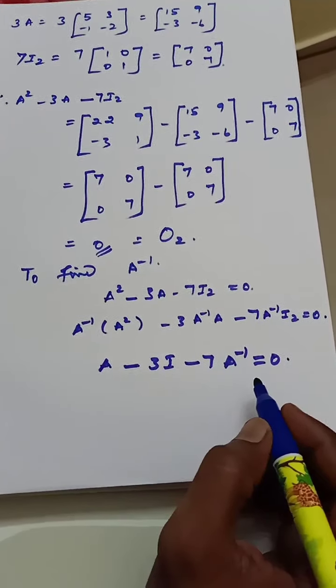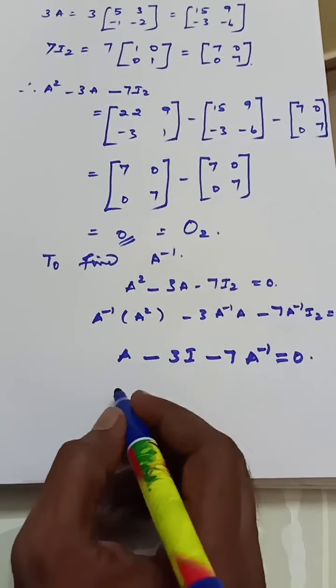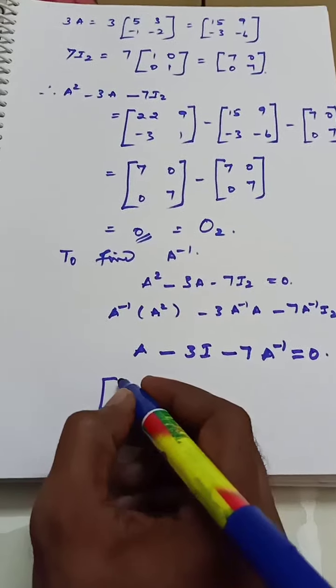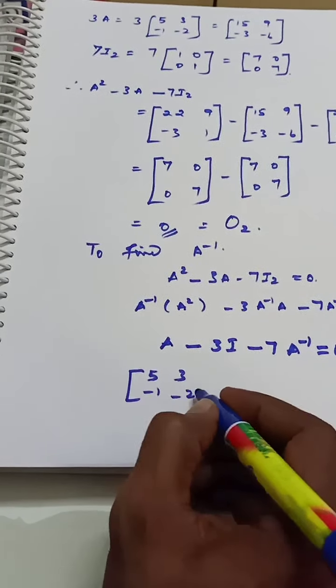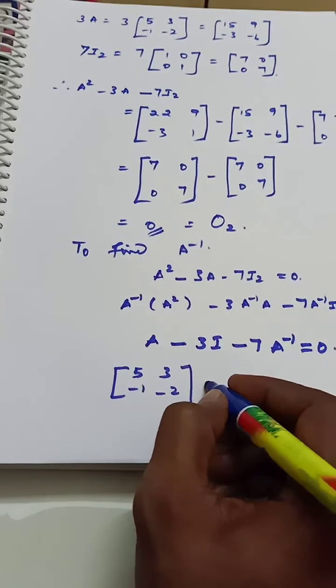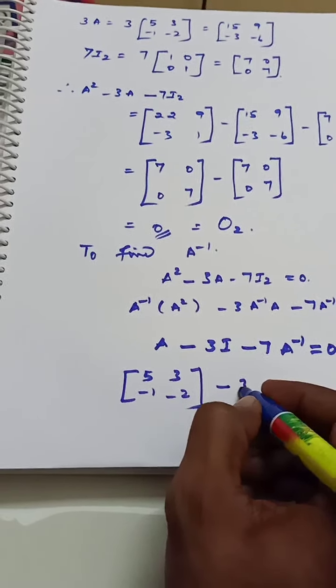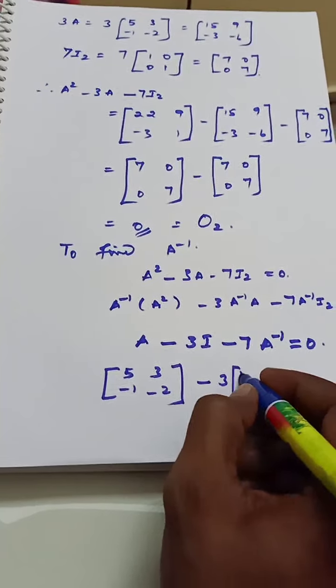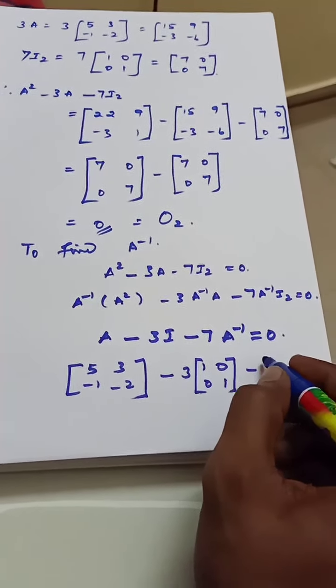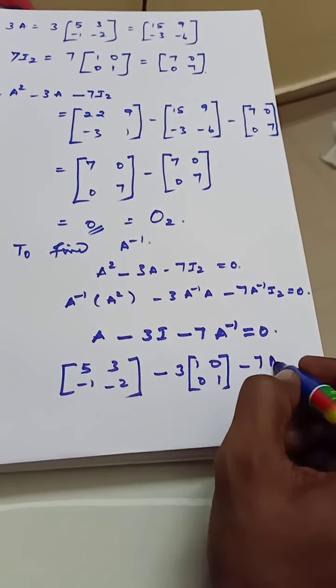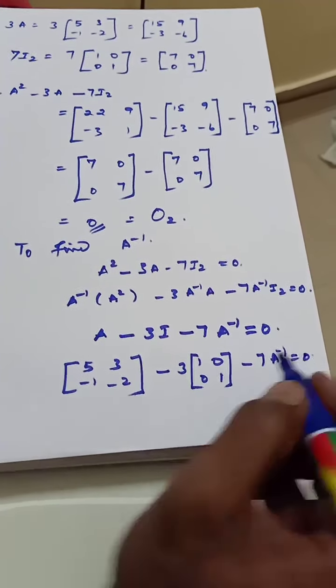It becomes 0. So your A value is the matrix 5 3 minus 1 minus 2, minus 3 into your I value 1 0 0 1, minus 7 times A inverse, which we have to find.